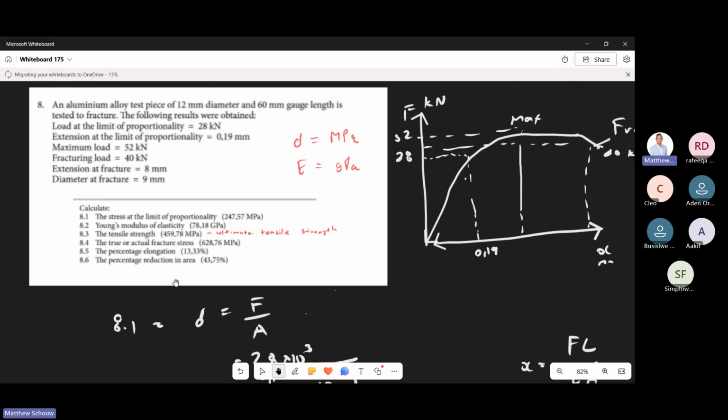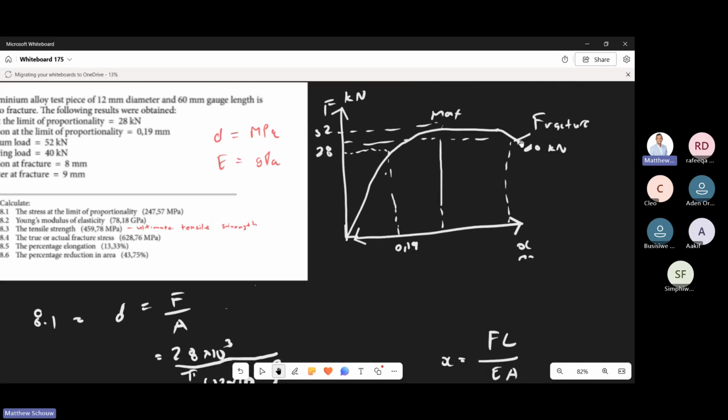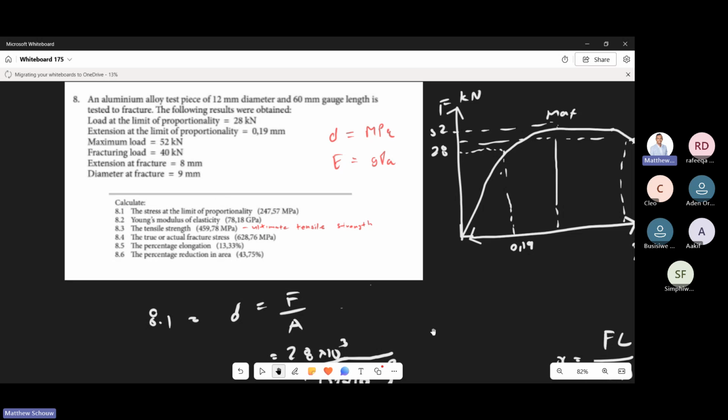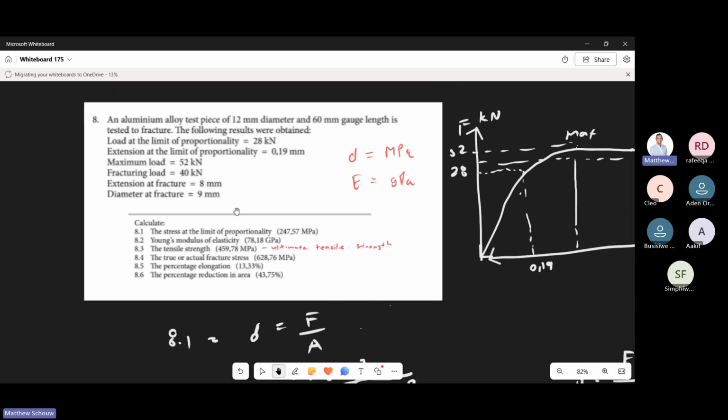So the actual stress is basically with fractures, right? It goes up, reaches max load, and eventually comes down and it breaks at a particular point. So what we have to do now is use the fracturing load, the 40 kilonewton. But now we have to use the diameter at fracture. Are you guys with me?